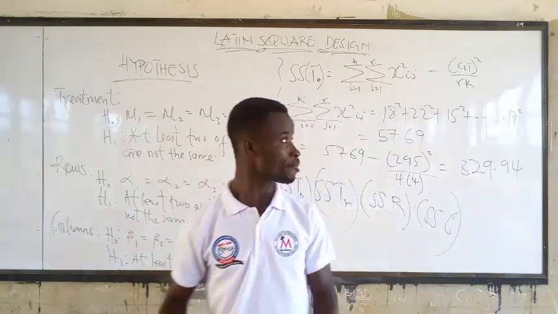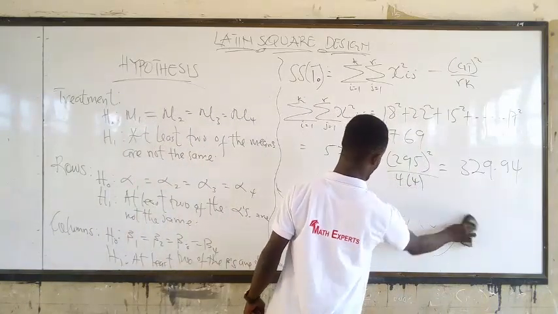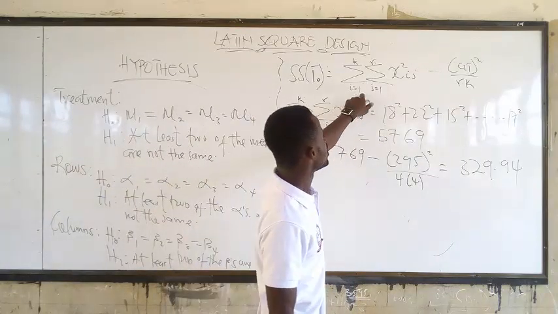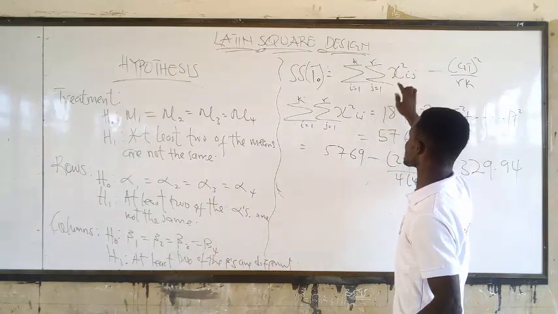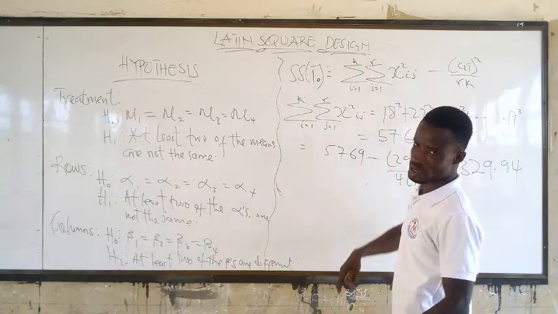Let's continue. So now let's see the formula for sum of square of the total. So the total is when we use the square of the summation of all the rows and the column. Let me explain this to you.